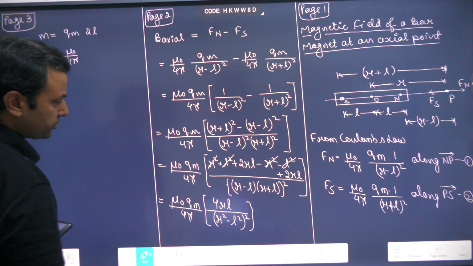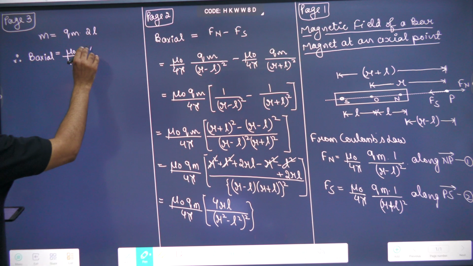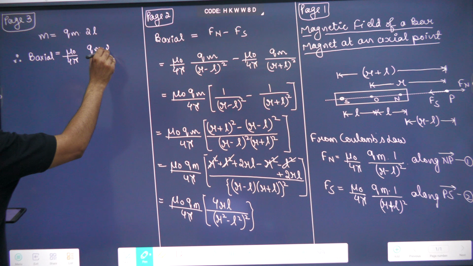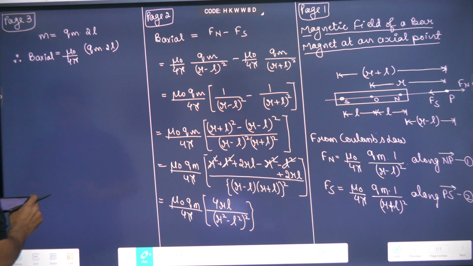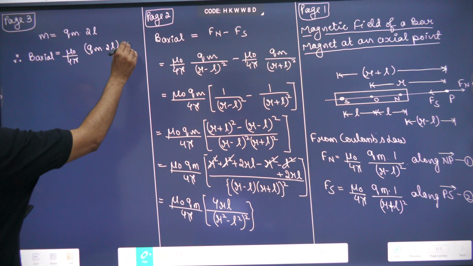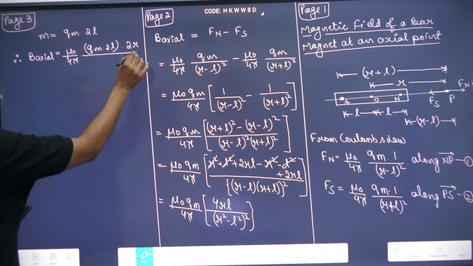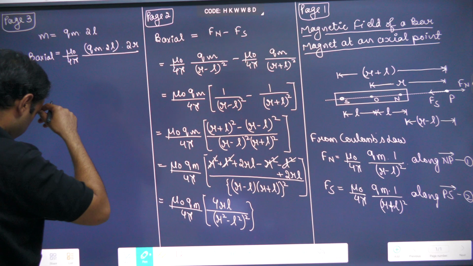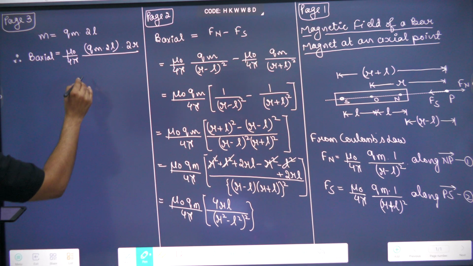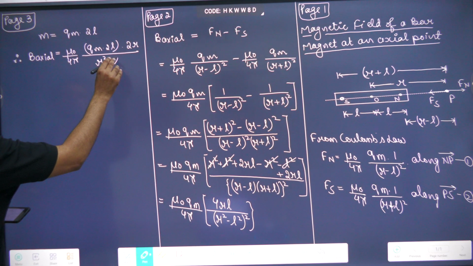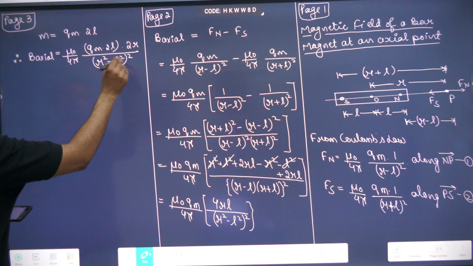Now we are going to take this Qm inside, Qm into 2l, into 2r, upon (r square minus l square) whole square.